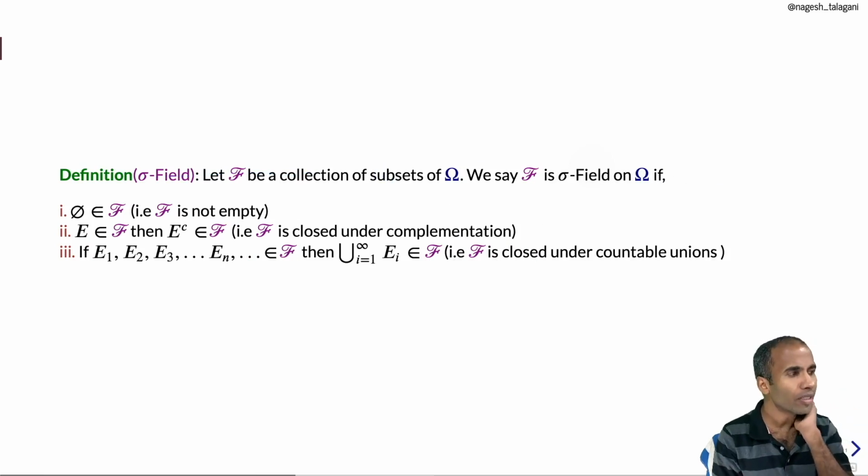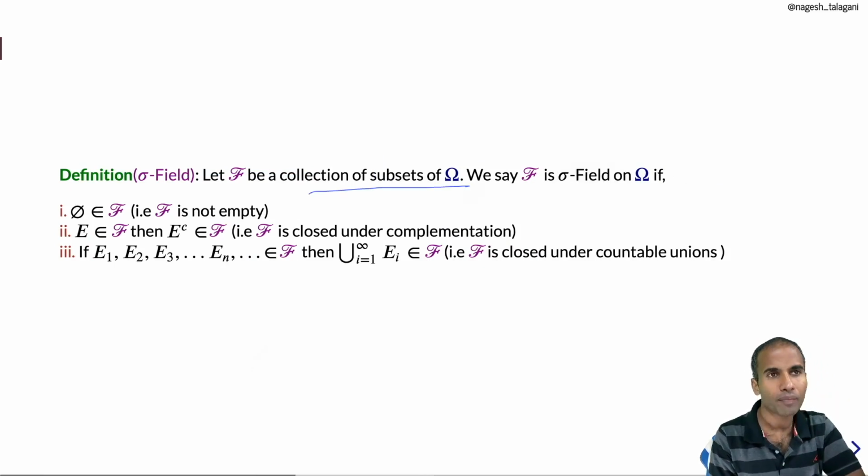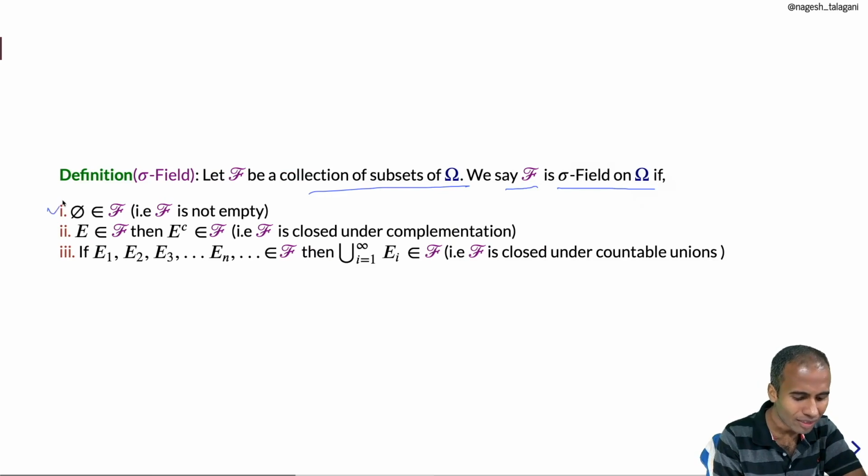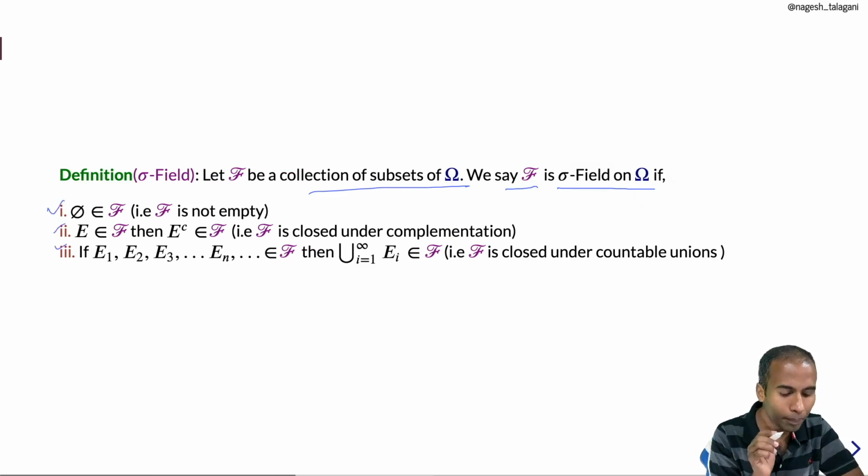Let me define what a sigma field of subsets of omega is. Definition, sigma field. Let script F be a collection of subsets of omega. We say script F is a sigma field on omega if it satisfies these three conditions. The first one: the empty subset of omega must be a candidate in script F. So script F has at least one element, the empty subset.